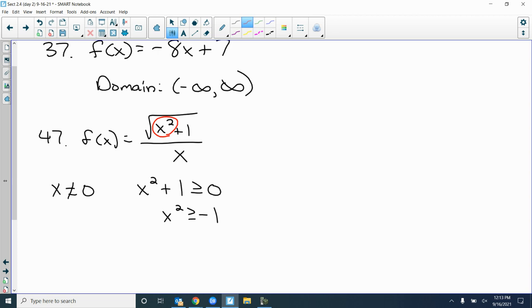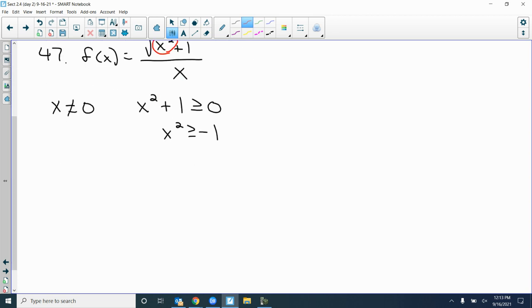No, it can never be negative, because x squared is always positive, and I'm just adding 1 to it. So you can look at this: well, x squared will always be greater than or equal to -1. So really, you don't get any additional points we need to throw out from that part. That piece will always be positive. The only thing I need to worry about is 0.